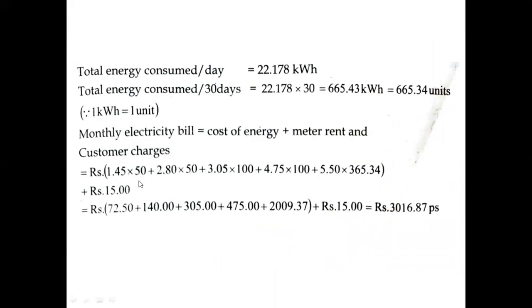So first 50 units at 1.45, next 50 units at 2.8, next 100 units at 3.05, next 100 units at 4.75. Remaining units, above 300, that is 365.34, at 5.55, plus 15 rupees. So that comes around 3016.87.